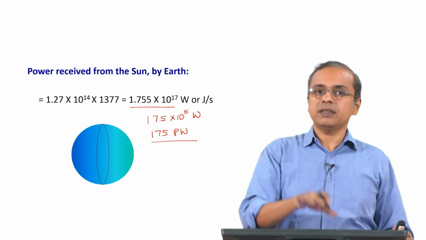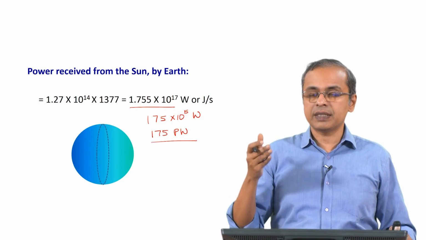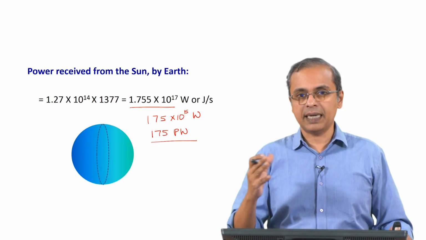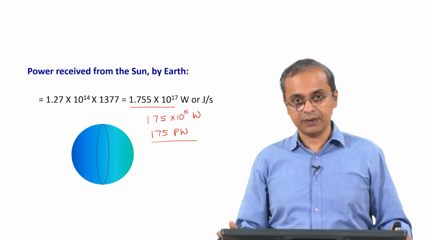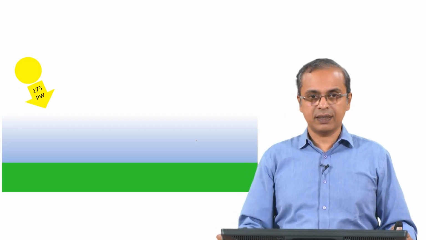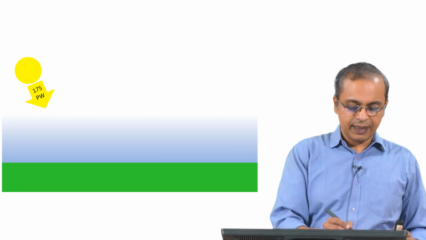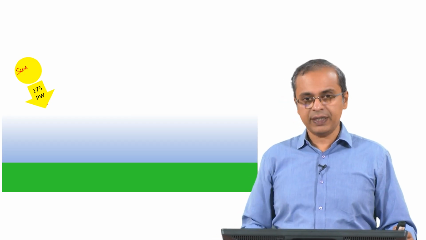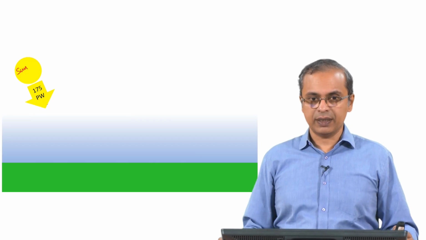So, now in this class we start from there and we see how this energy penetrates into the earth and what is happening as the process proceeds, right. So, you can think of this as the sun, and 175 petawatts has arrived at the outer reaches of our atmosphere. So, we have the atmosphere and down below we have earth, the solid ground of earth.